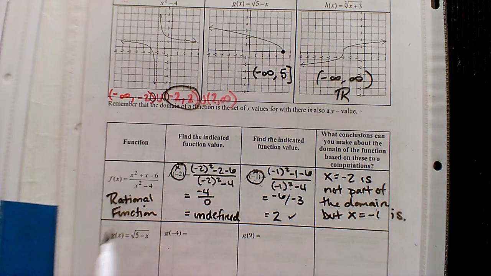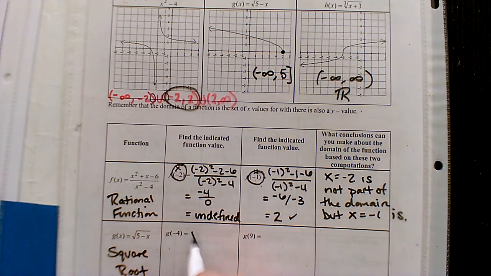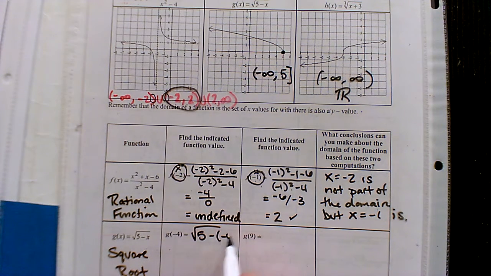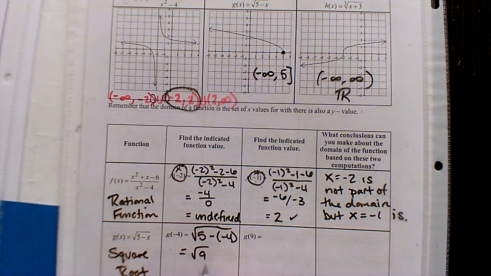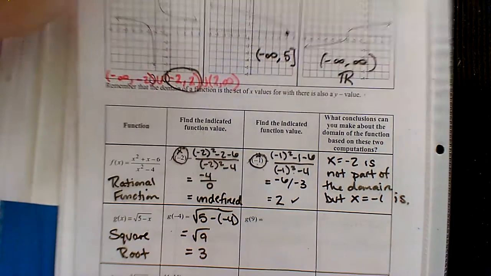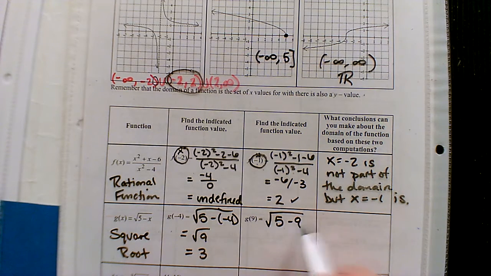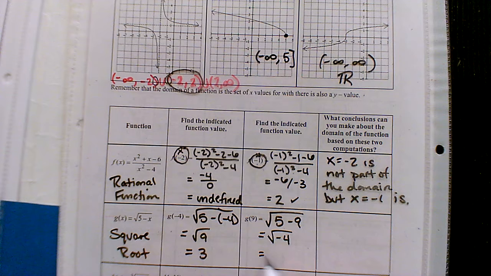Okay, let's go ahead and try our square root. If we were to plug in -4, we'd have the square root of 9, which is 3. If we plug in 9, we'll have the square root of -4, which is imaginary.